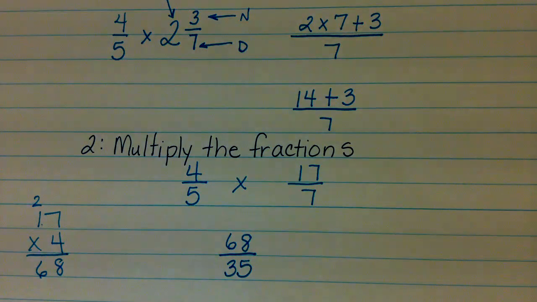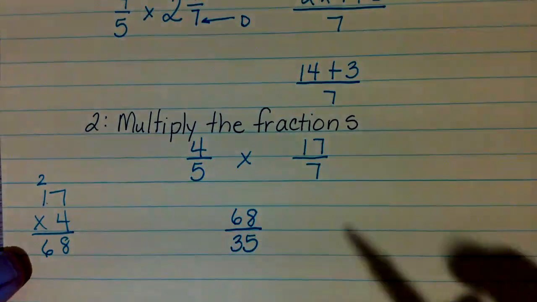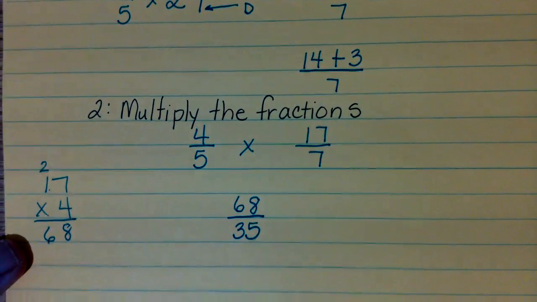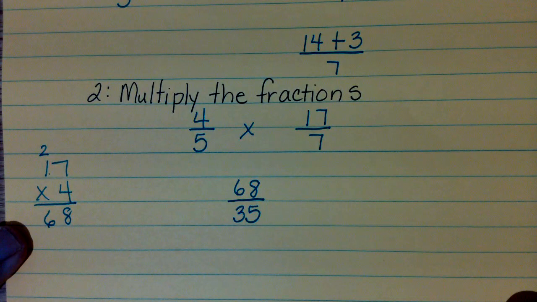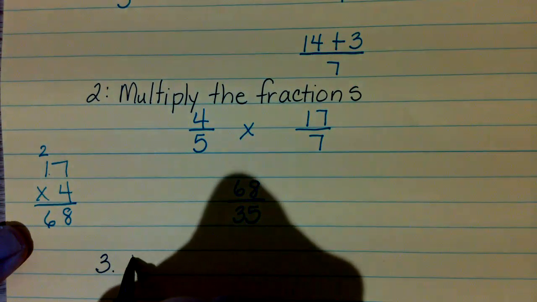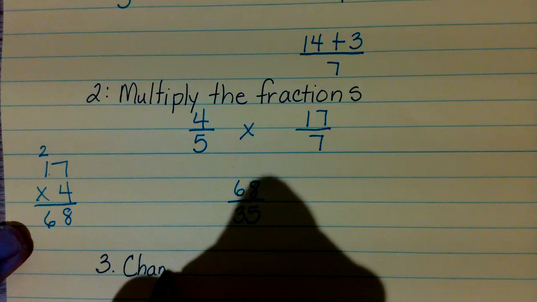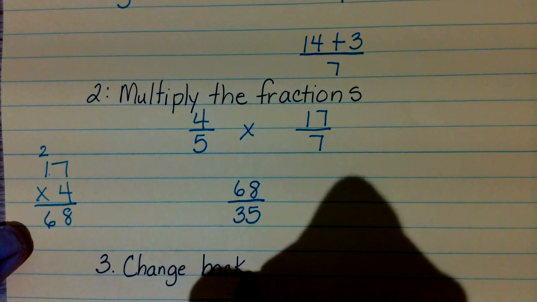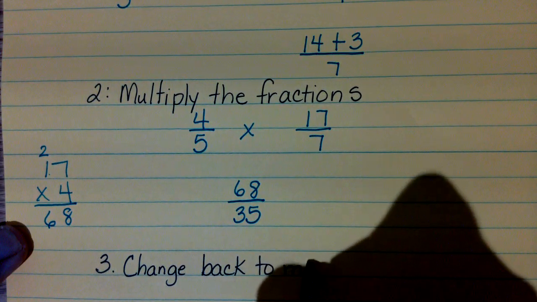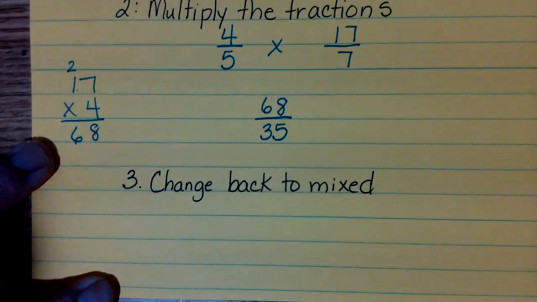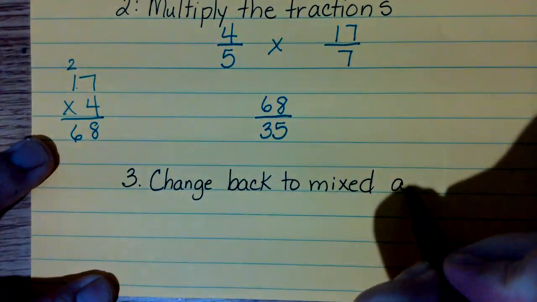The last step that I need to do is to go ahead and see if I can simplify or change it back into a mixed number. So step 3 is change back to mixed and simplify.